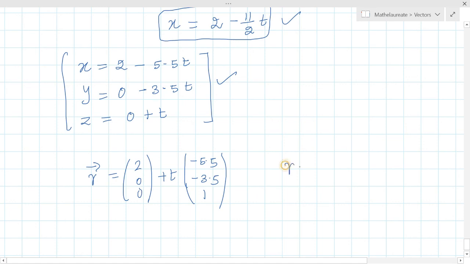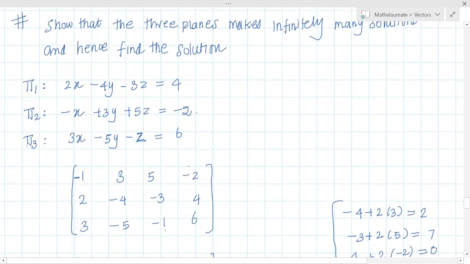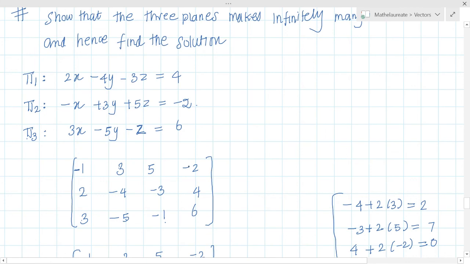You know that this is the vector equation of a straight line, which is in the form of r vector equal to a vector plus t times b vector, where a is the point on the line and b vector is the direction along the straight line. Okay, this is how we can find the infinitely many solutions in the case of three planes. Thanks for watching.